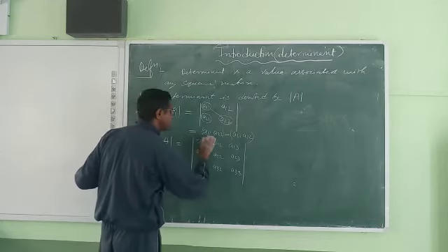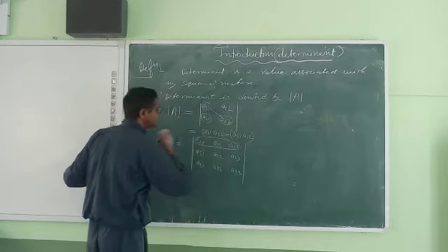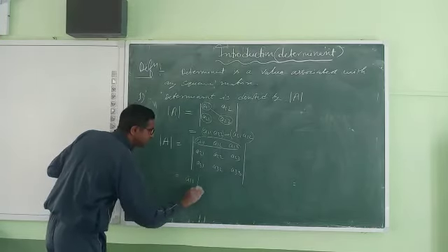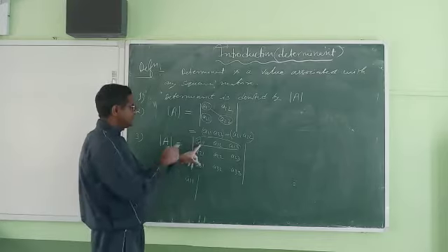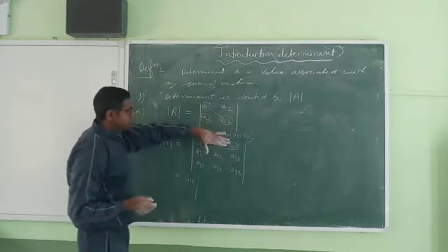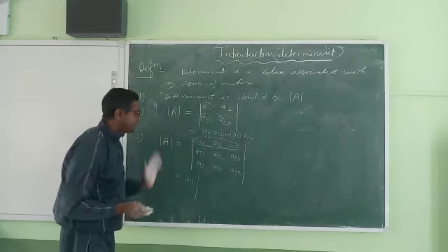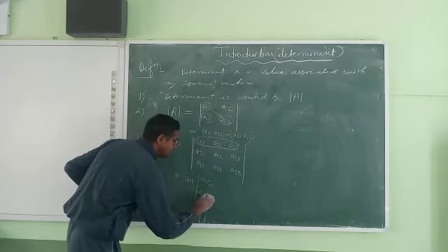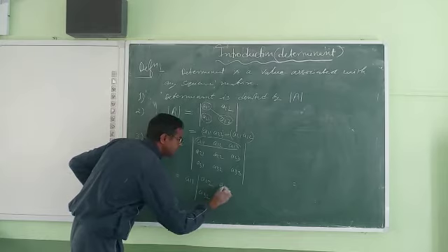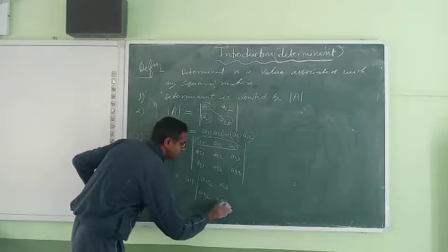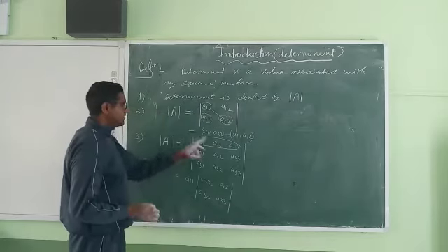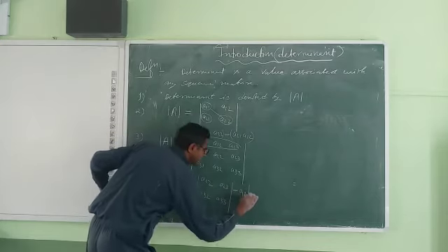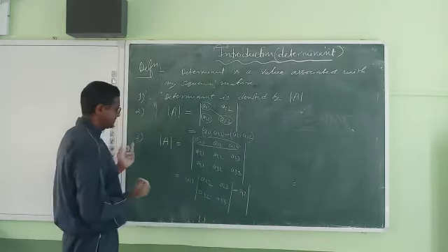Let us suppose I am expanding in respect of the first row. So I will write A11, I will hide the first row and first column, so I will write A22, A32, A23, A33. Then I will write minus sign. I will tell you the sign convention in the next point.